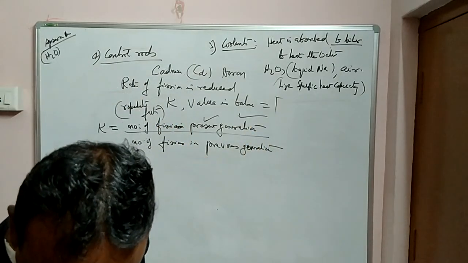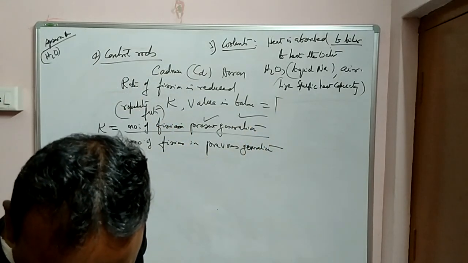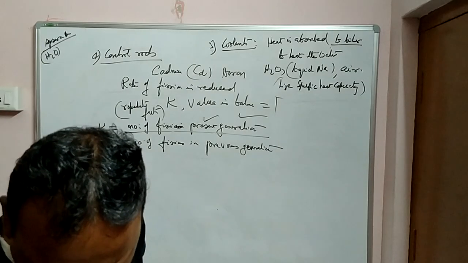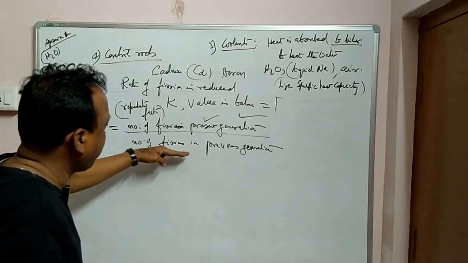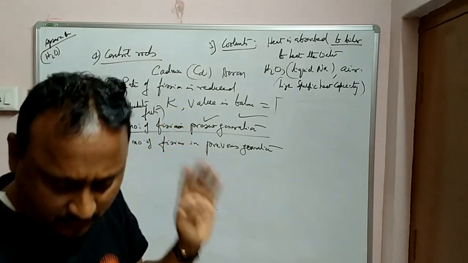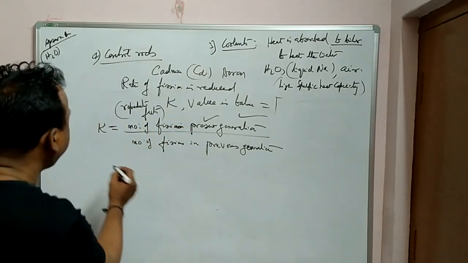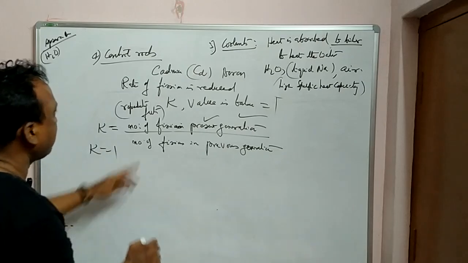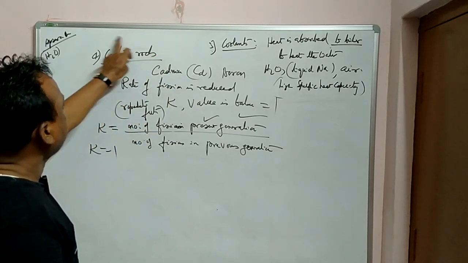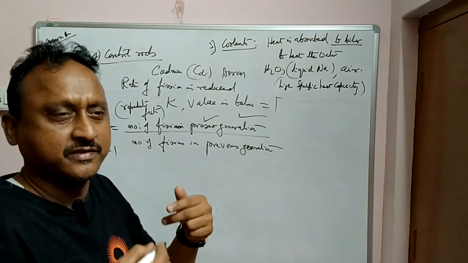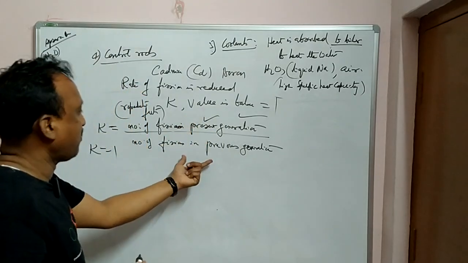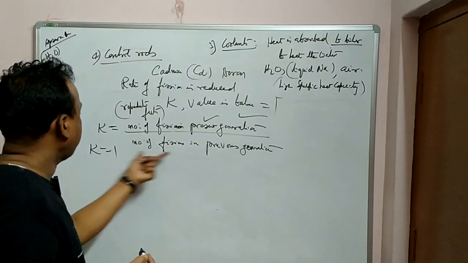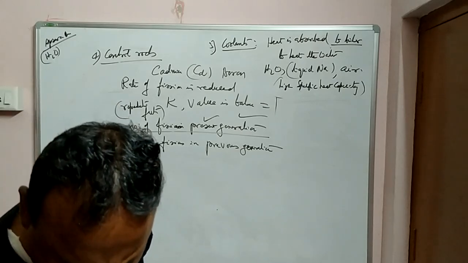The number of fissions that happened in the present generation, 1, 2, 3, divided by the number of fissions in the previous generation, that means before. Now suppose K is equal to 1. Just now I told you the control rods absorb the excess neutrons and balance the K value equal to 1. That means the present generation's fissions equal the previous generation's. So if K is equal to 1, what happens here?